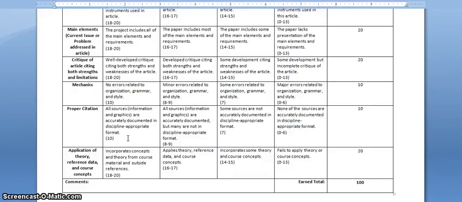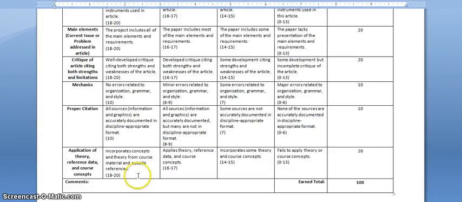I told you that you did not have to list all of the sources that the article used or that the researcher used. You can just say that it was journals, books, and so forth. But if you do decide that you want to use all of their sources and list them in your paper, make sure they're in APA format.